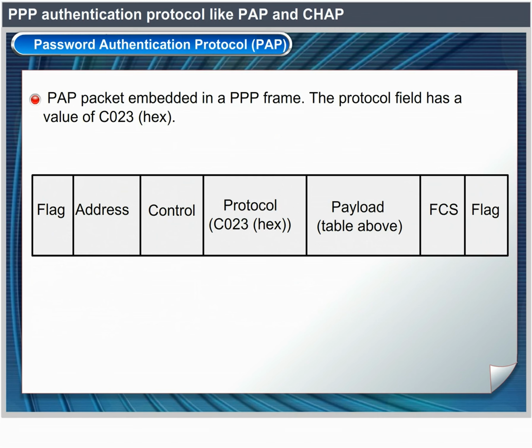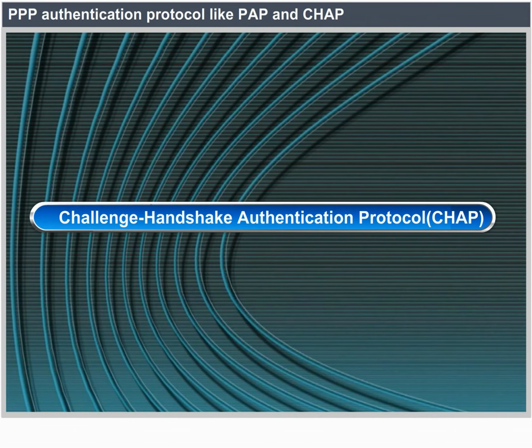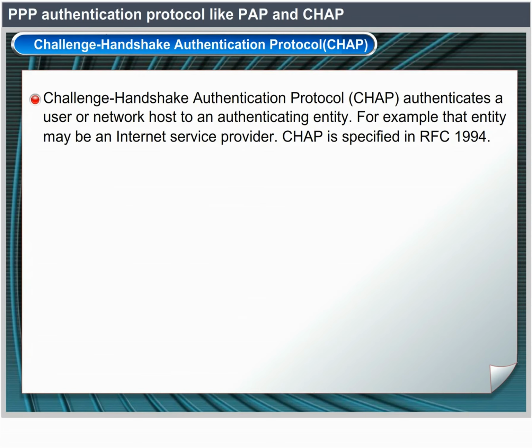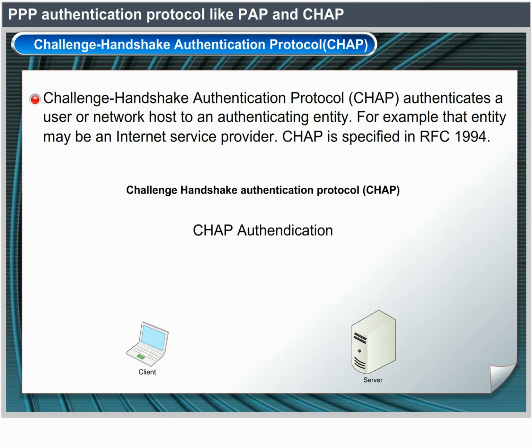Challenge Handshake Authentication Protocol or CHAP. CHAP authenticates a user or network host to an authenticating entity. For example, that entity may be an internet service provider. CHAP is specified in RFC 1994.